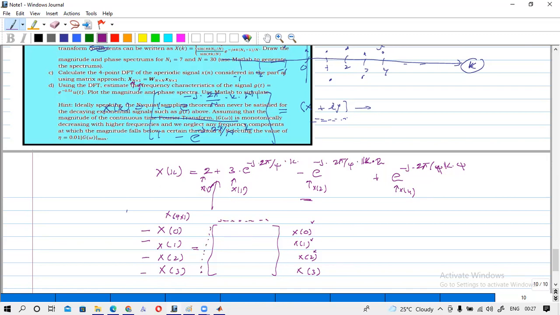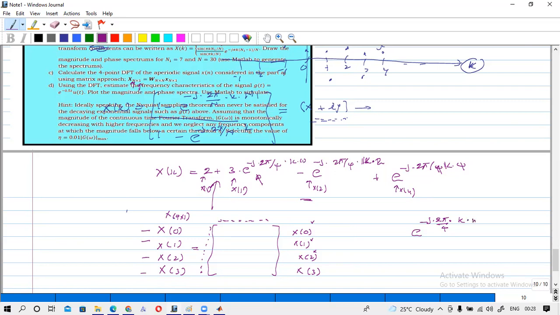Okay, so what is this matrix actually? It is this value, e to the power minus j 2π by 4 kn. Okay, and n is also there, because here n is 1, here n is 2, n is 3.